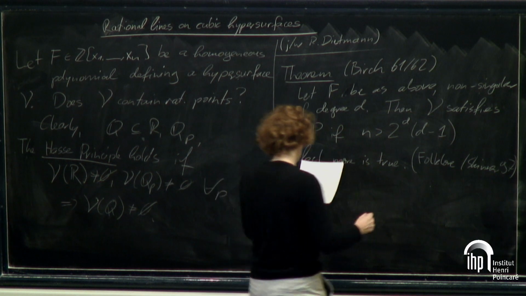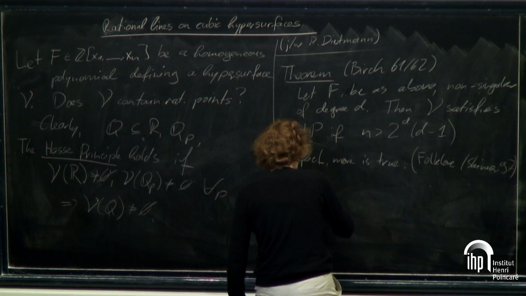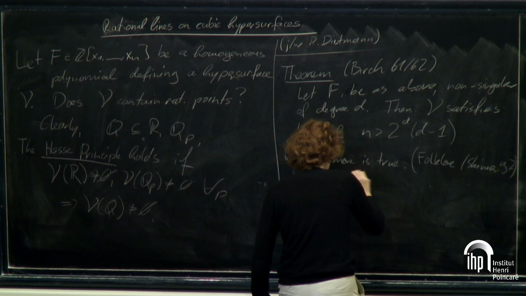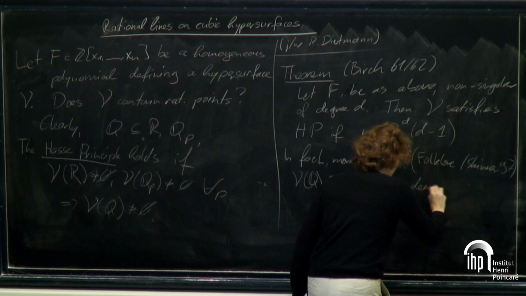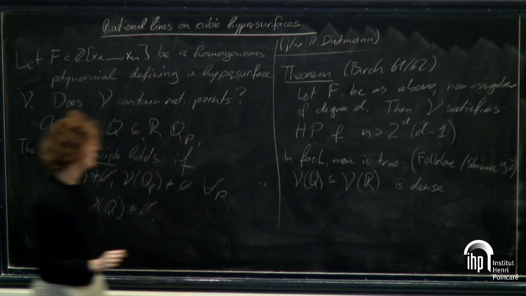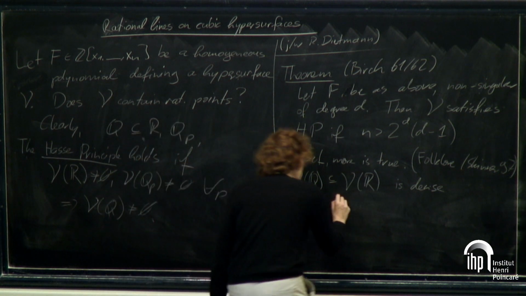So we know that the rational points lie dense inside the real points, and likewise in the p-adic points for each.